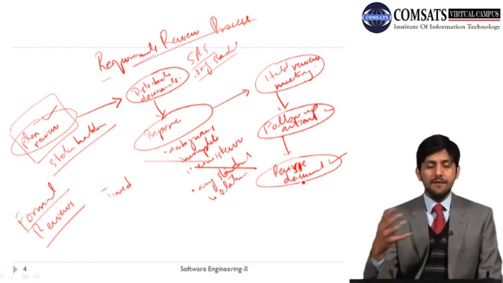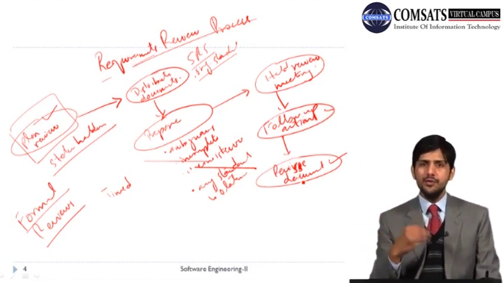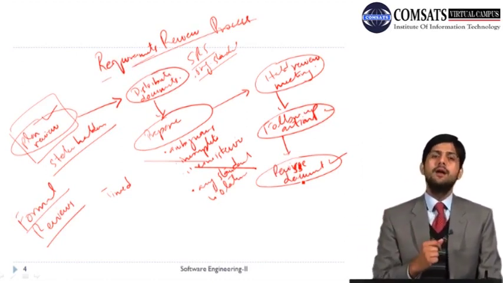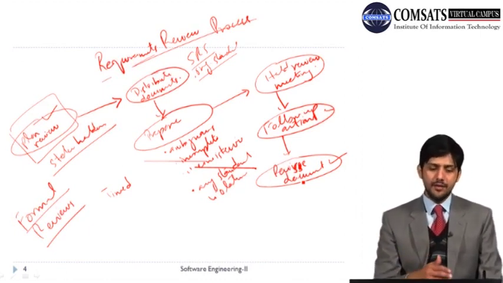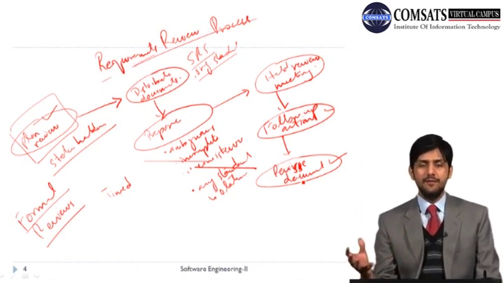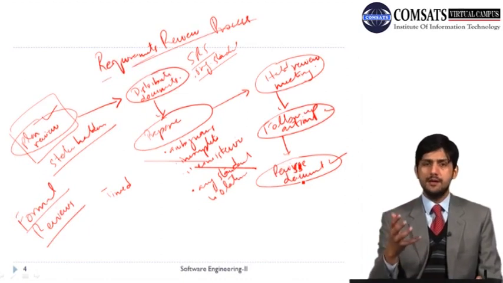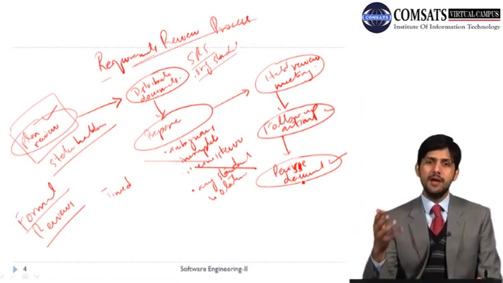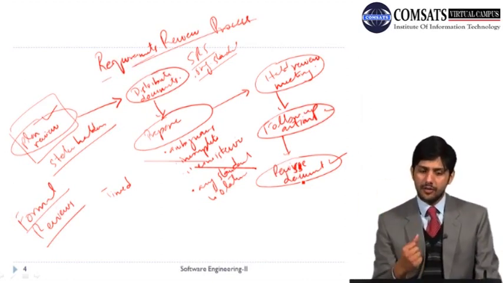So if your document is of substandard quality, and you know yourself this document is not good enough, and you go through with this formal review process, then you are going to waste a lot of time of lots of people, which is actually not good. And your client might be upset that this was a very horrible document. So he might have questions in his mind whether he has chosen the right contractor or not.